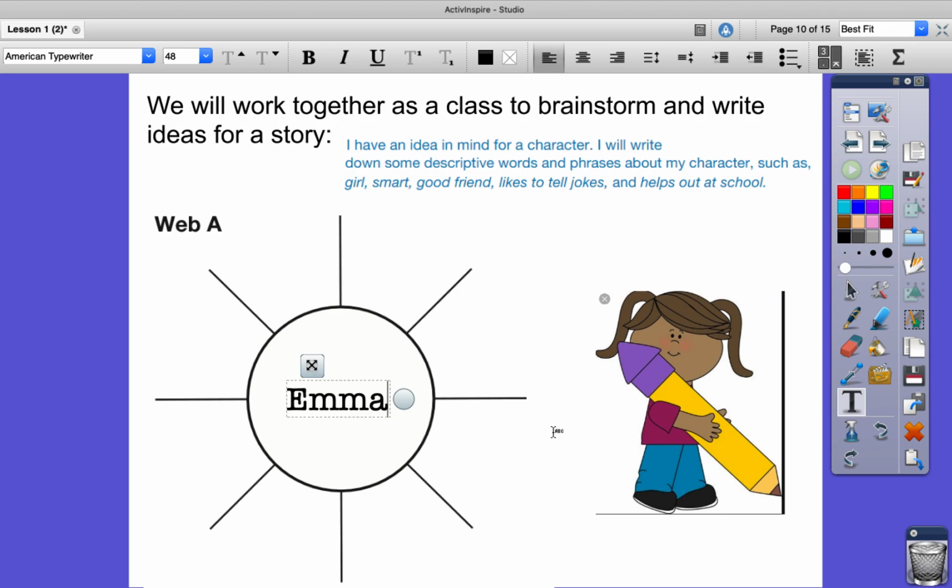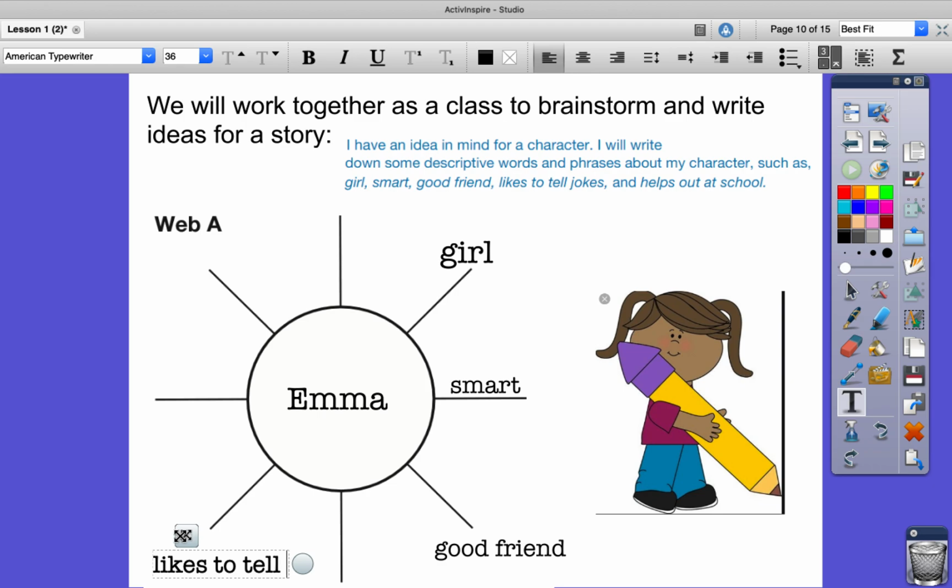Then I'm going to write down on the outside of the web some descriptive words and phrases about my character, such as: she's a girl, she's smart, she's a good friend to others, Emma likes to tell jokes, and Emma is a helper at school, so she helps out at school.